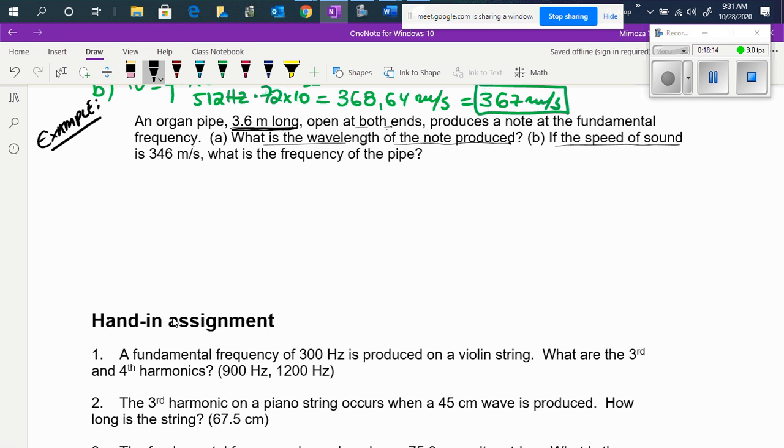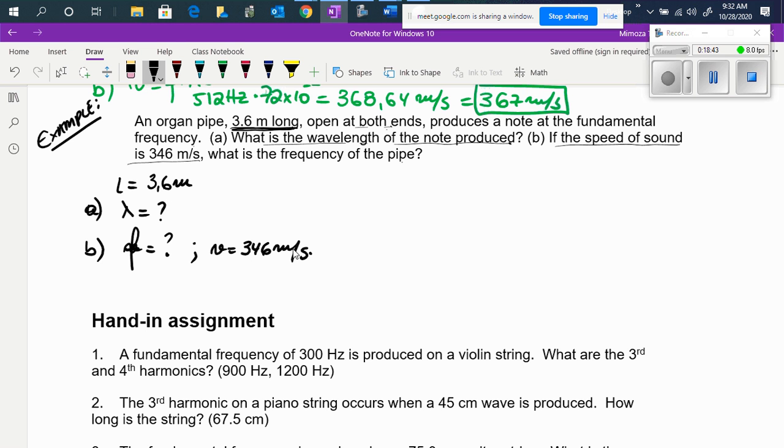And if the speed of sound is 346 meters per second, what is the frequency of the pipe? So what we have here, L is 3.6 meters, and we are looking in A for the wavelength and in B for the frequency, knowing that the speed is 346 meters per second.